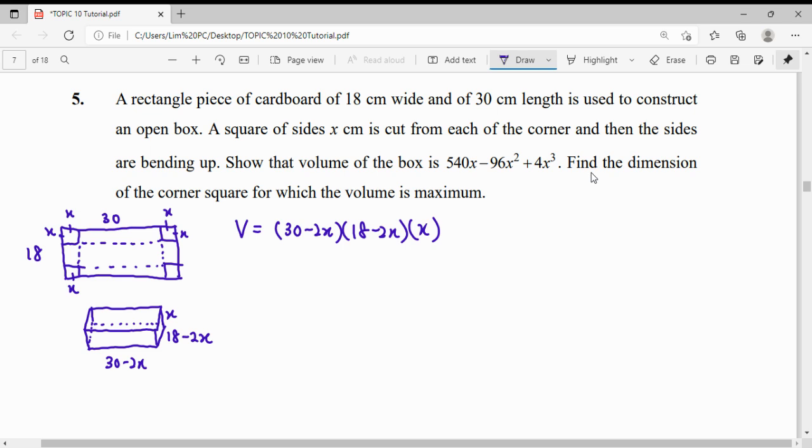So we're going to expand this. 30 times 18 is 540, and then 30 times negative 2x is negative 60x, then negative 2x times 18 is negative 36x, then plus 4x squared times x.